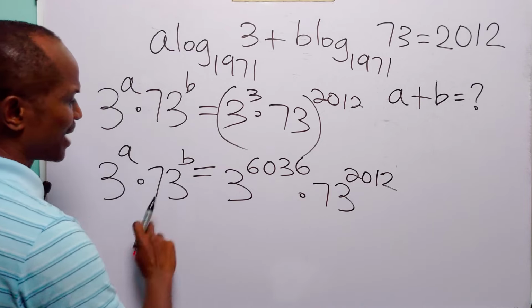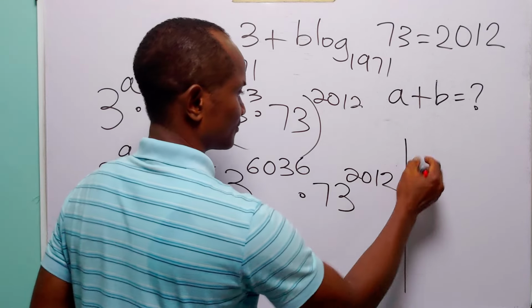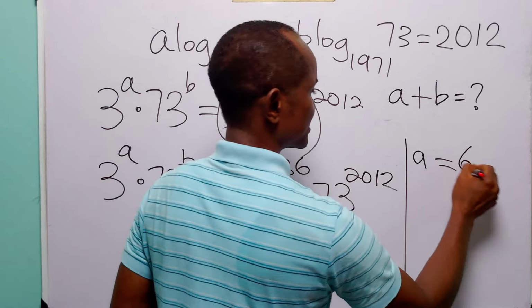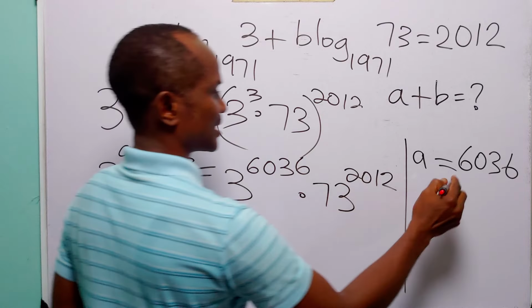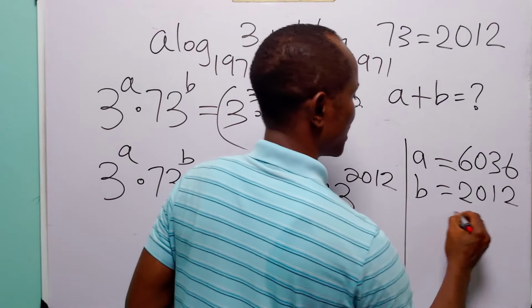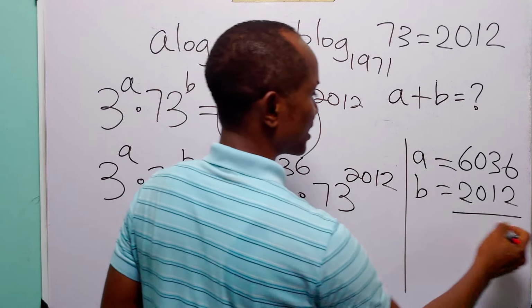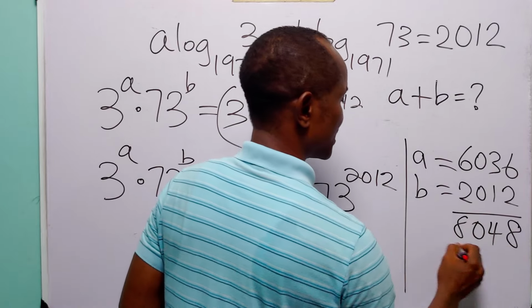So now when we compare the two sides of this equation, we have that a is equal to 6036 and b is equal to 2012. And of course, a plus b, which is what we are looking for, is equal to 8048.